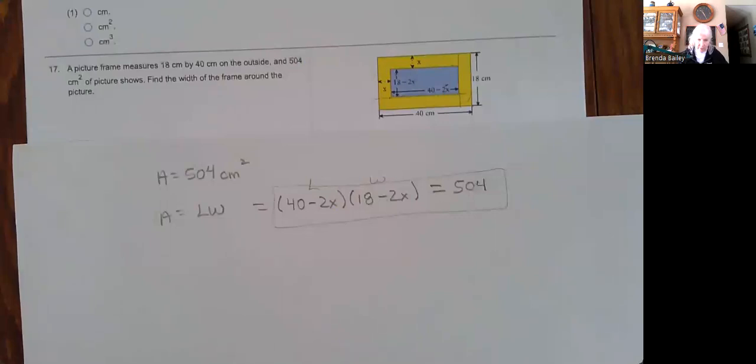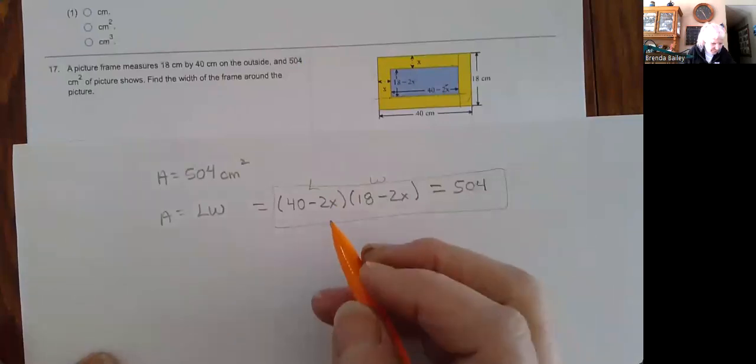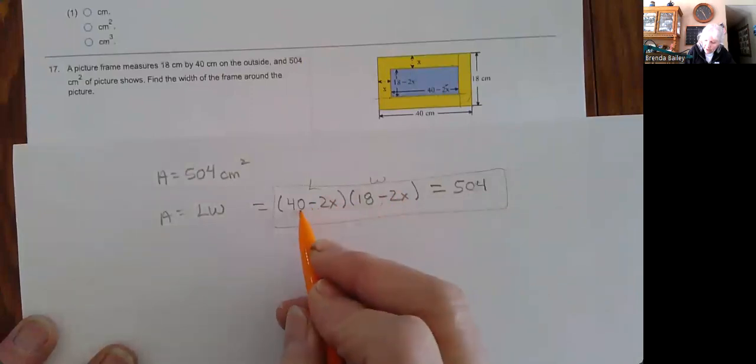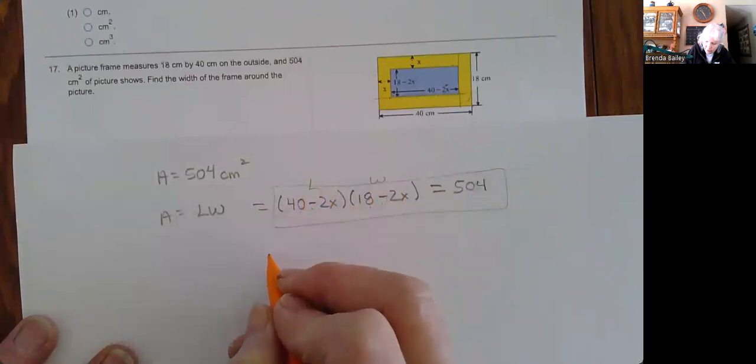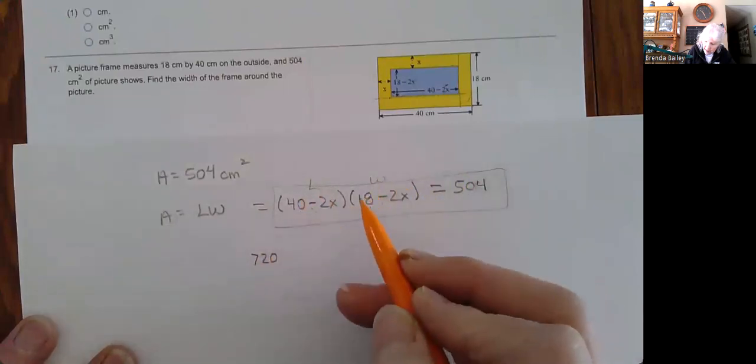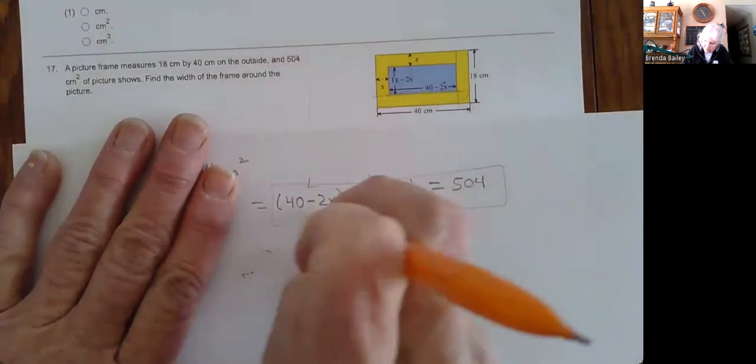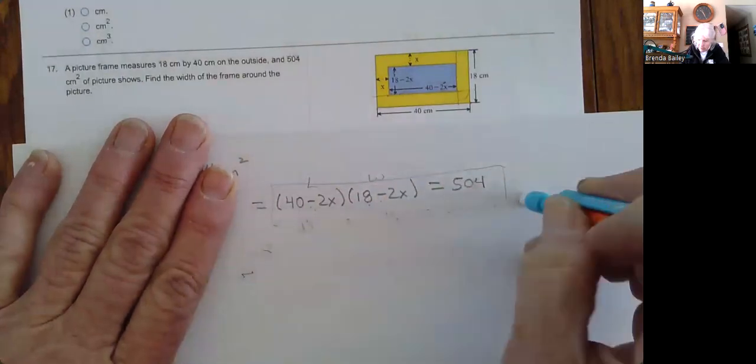We're going to go ahead and multiply these two together. So 40 times 18 is 720. Then I'm going to move it down. I'm going to erase the bottom of my box here.